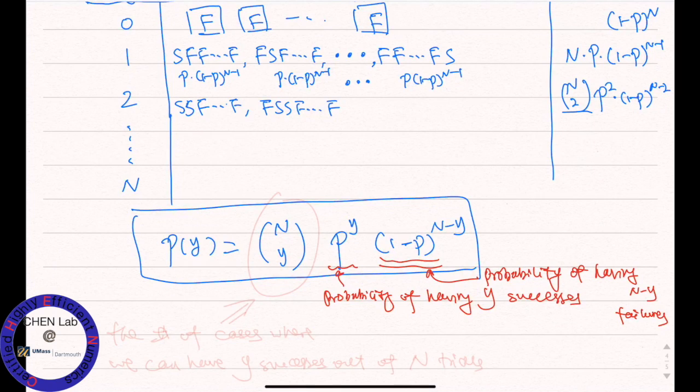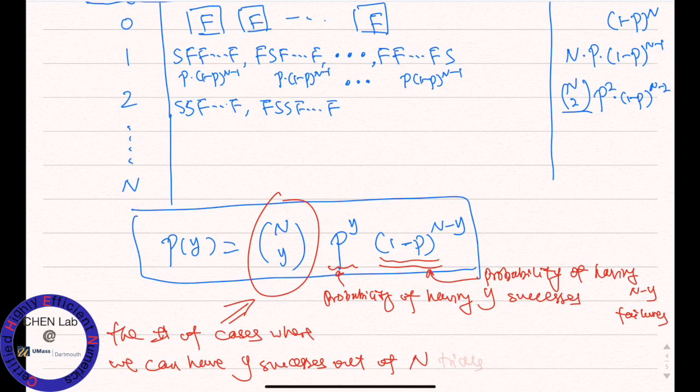When you multiply them together, that's the probability of that single event. And here, that is the number of cases where we can have y successes out of n trials. All right?